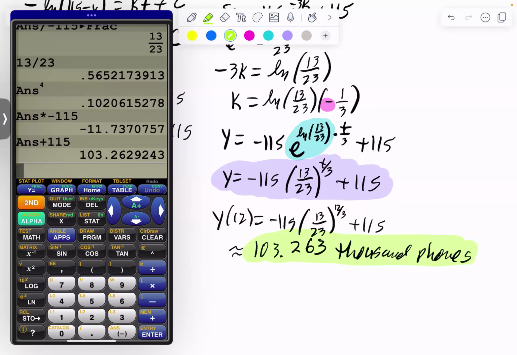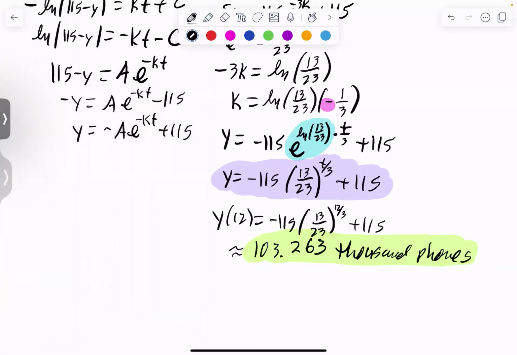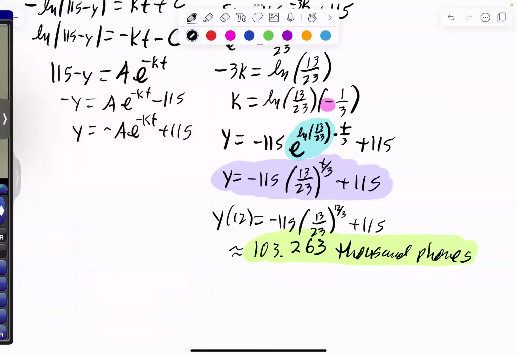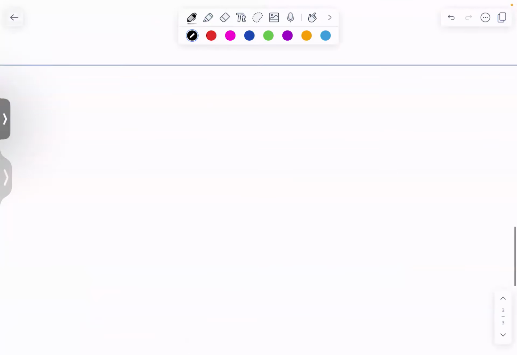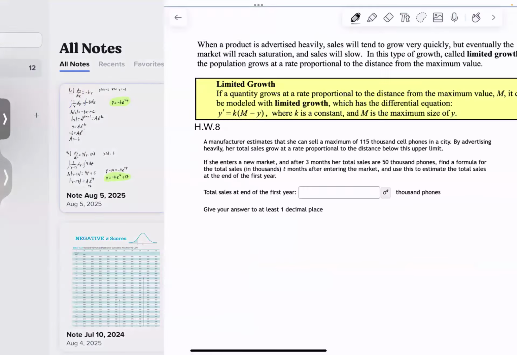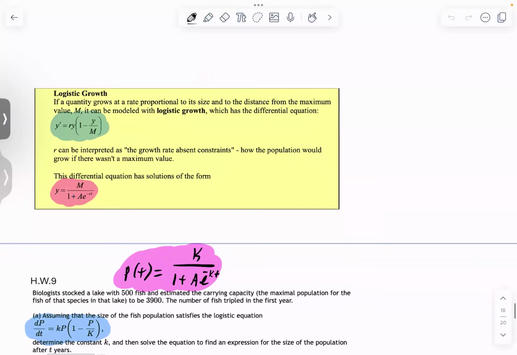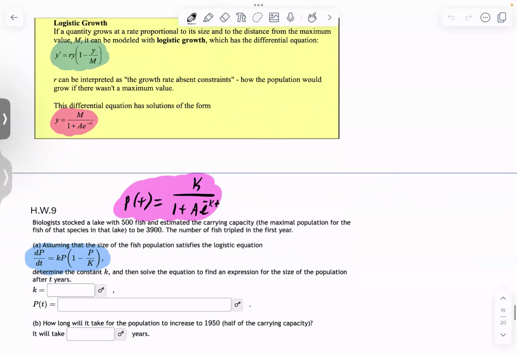All right. So we're going to move on to logistical growth. Let's clear that out. And we're going to get a fresh sheet for that one. However, I want to go back to our notes, logistical growth. And I want to point out, I wrote on this before, that the blue that's in the yellow up there, and then the blue down below are the same formula.